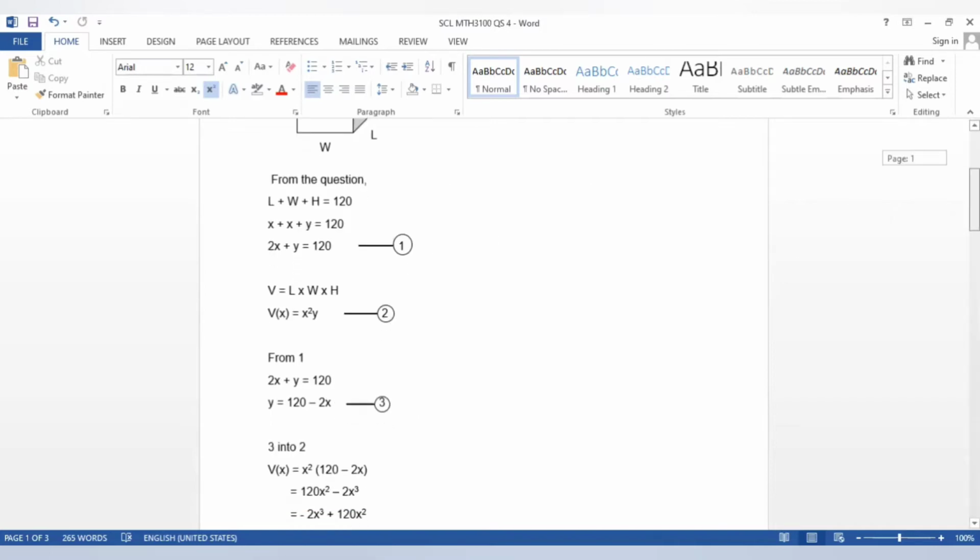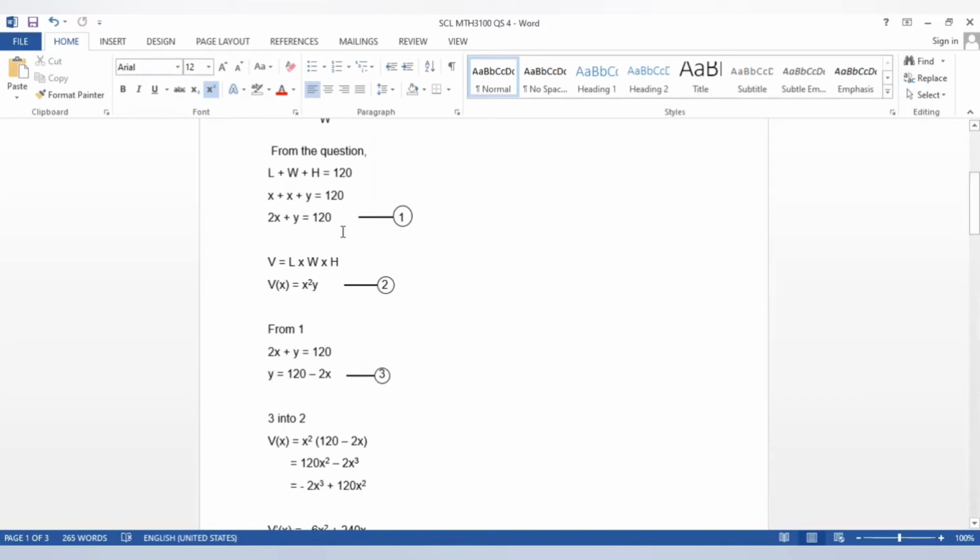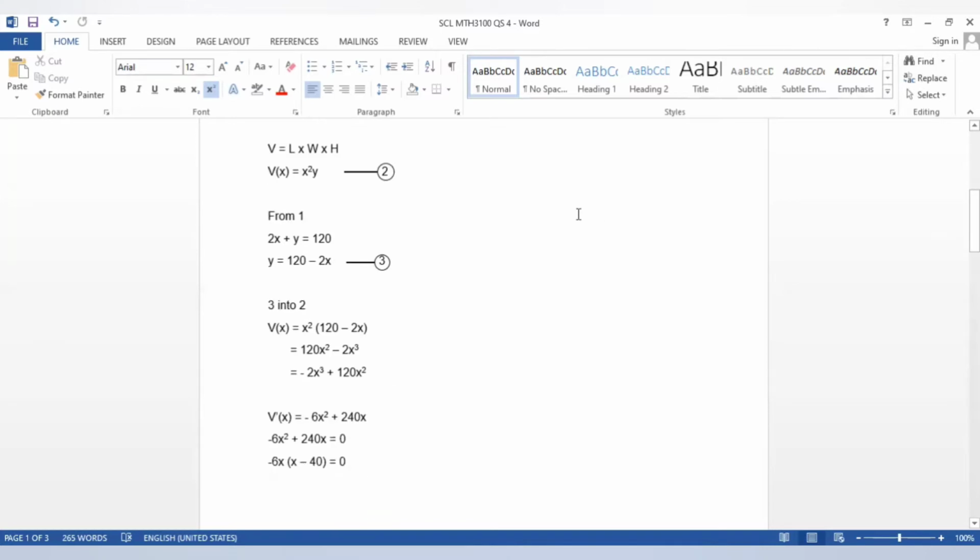And then from equation 1, I rearrange the equation so that we can substitute into equation 2. After the rearrangement of equation 1, we got y equal to 120 minus 2x. And then this equation will be substituted into equation 2.